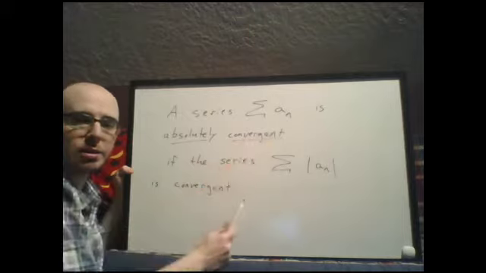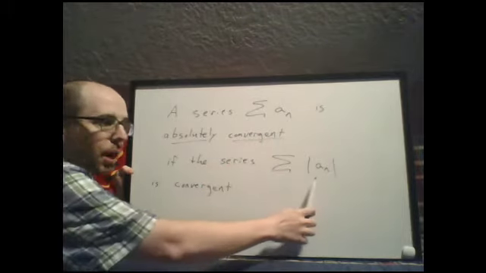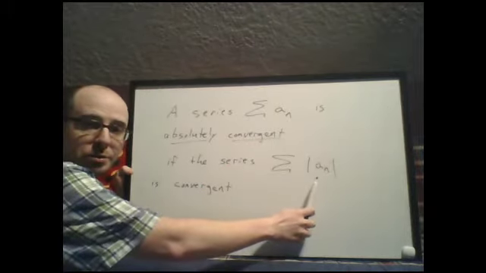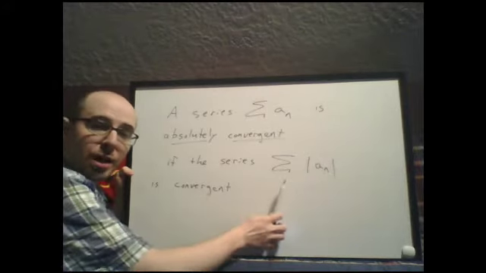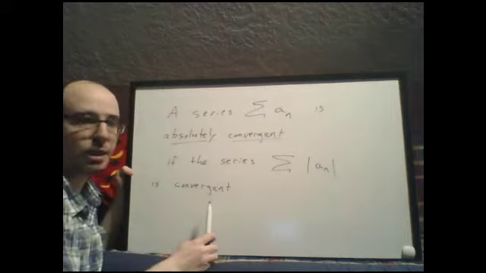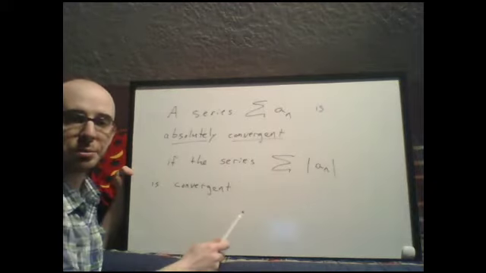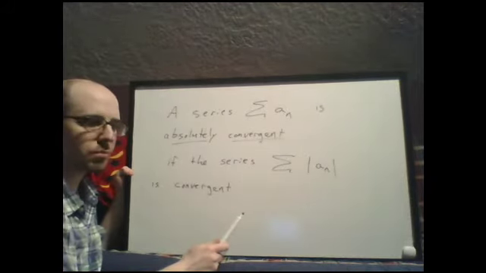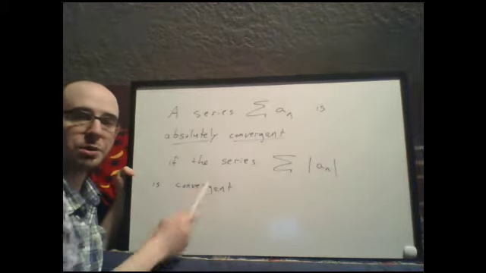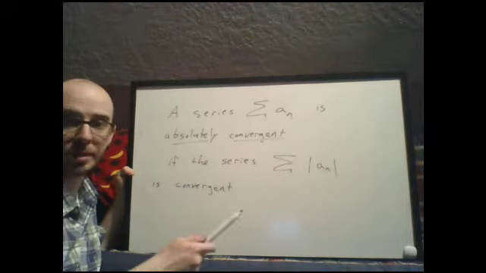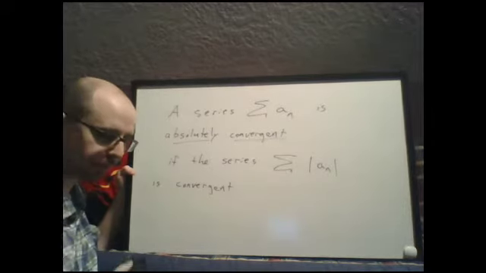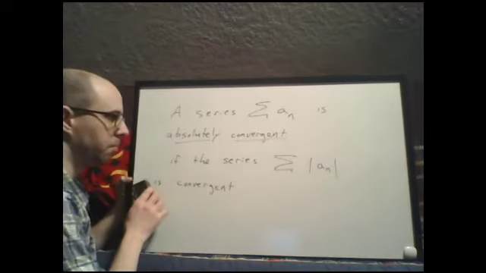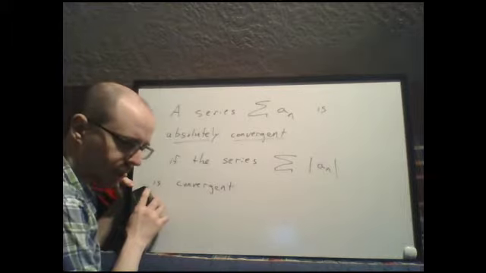If we take that series and we force every term to be positive by taking the absolute values, and we add up those absolute values, if that resulting series is convergent, then the original series is called absolutely convergent. Okay, so if it's absolutely convergent, we'll see that that means that it's also regular convergent. But we'll get to that in a minute.